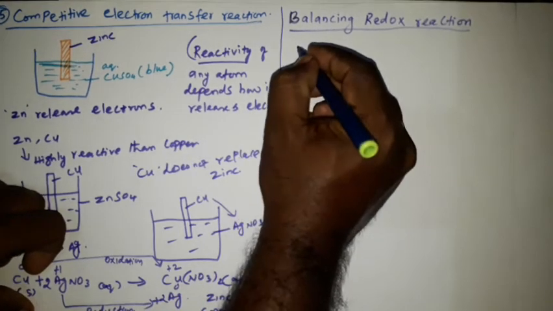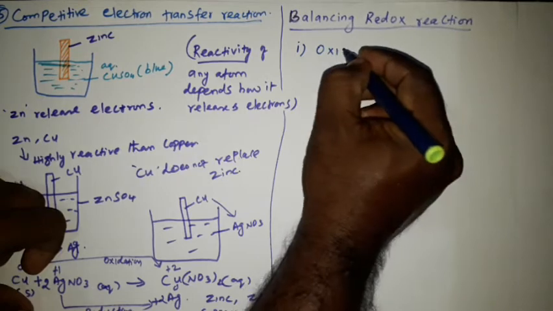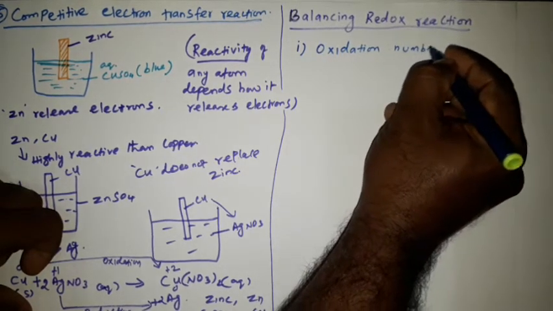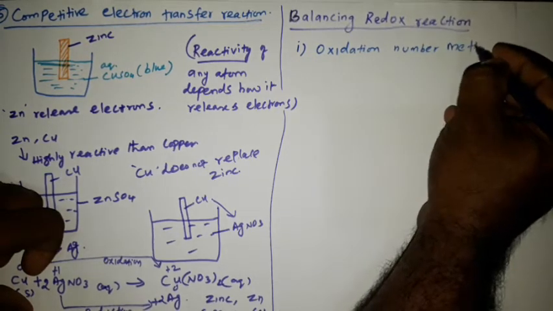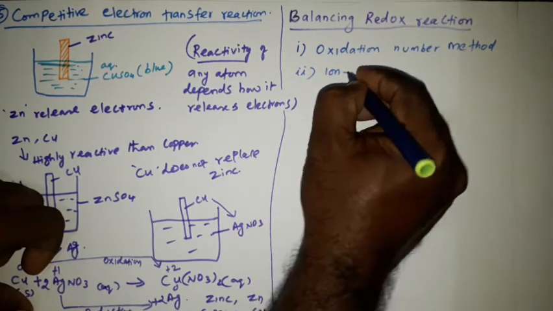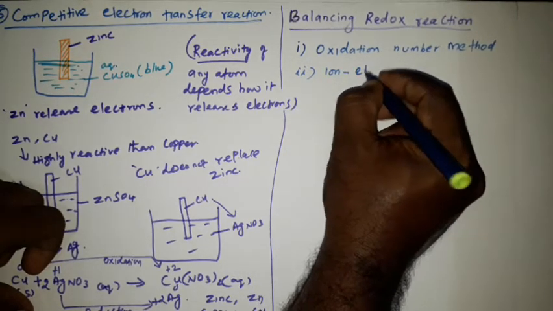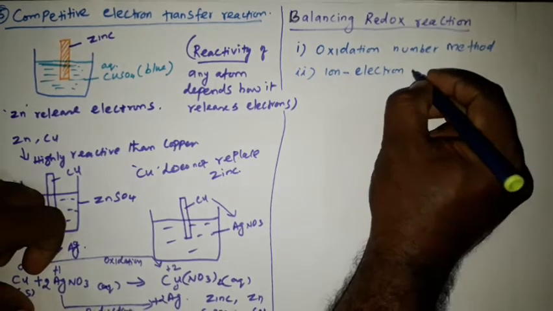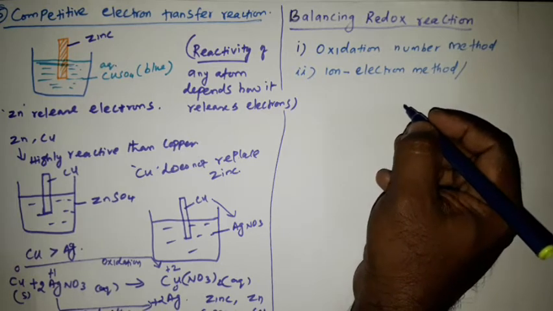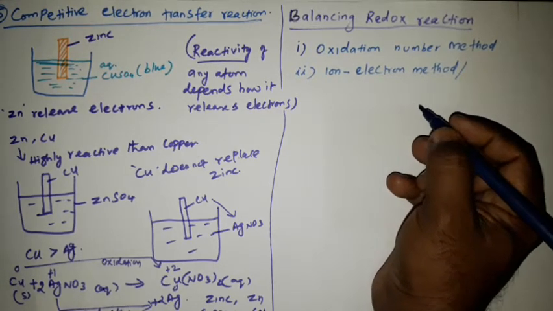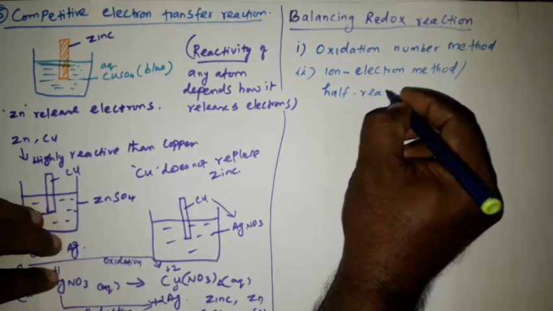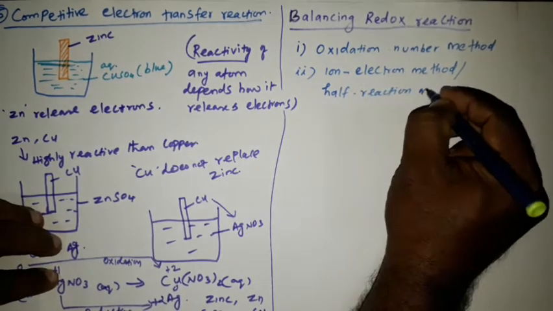There are two types. One is the oxidation number method. Another one is the ion electron method, or that is called the half reaction method.